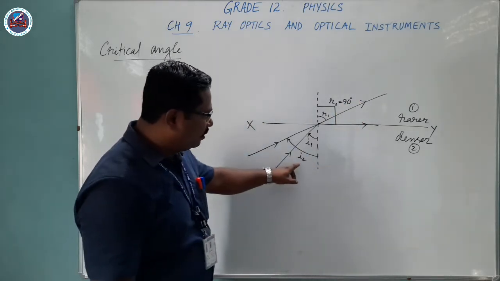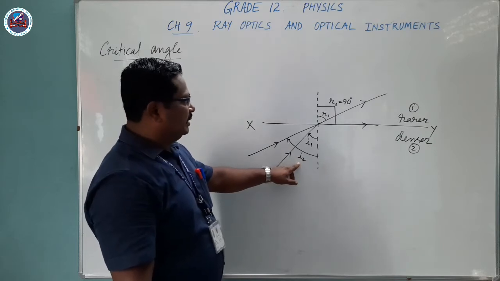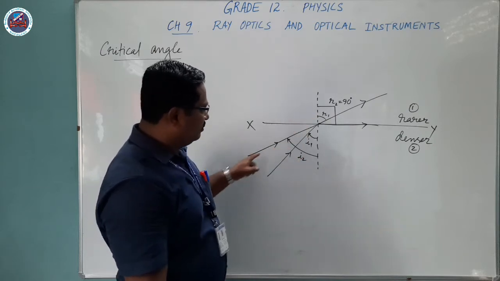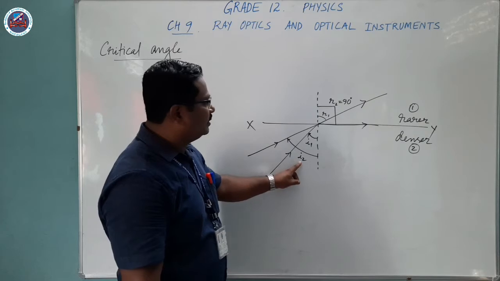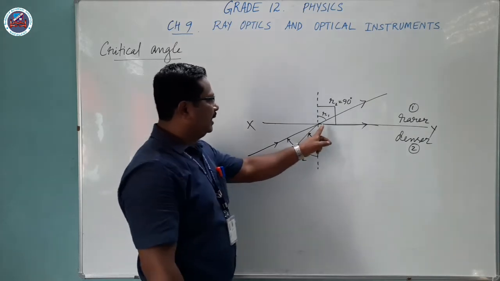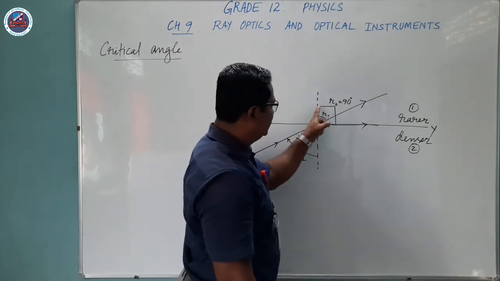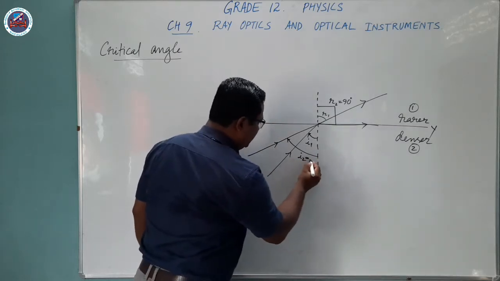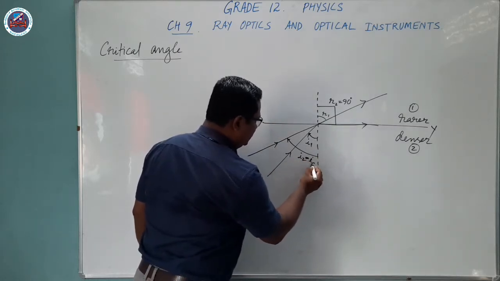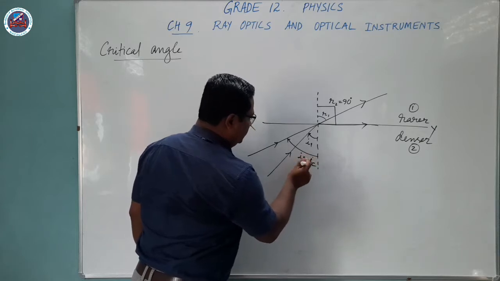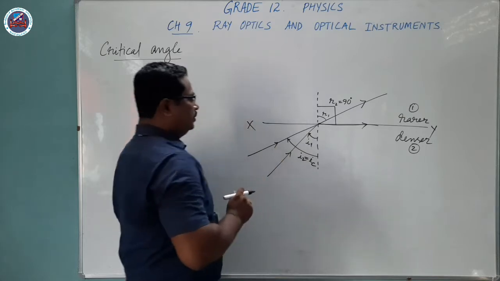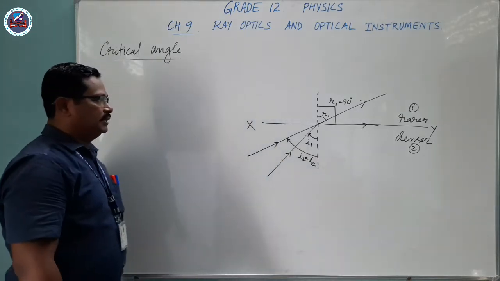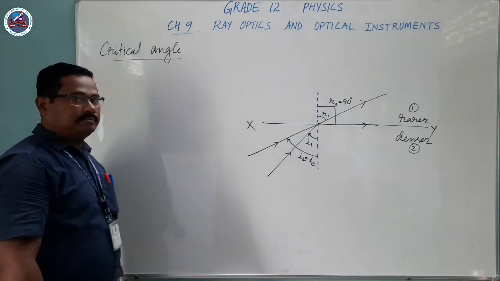So this angle of incidence for the second ray will be called the critical angle, because the angle of refraction is exactly 90 degree. So this I2 will be called the critical angle, and we write it as IC.